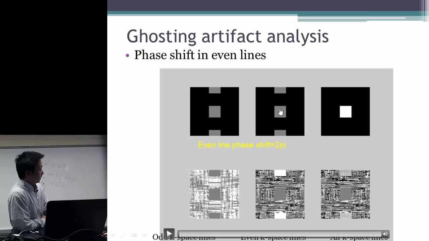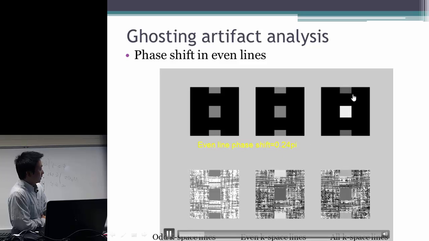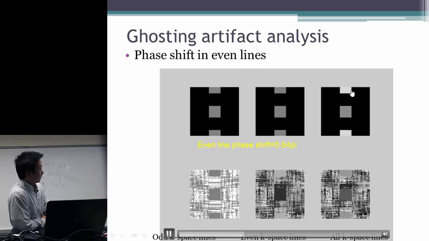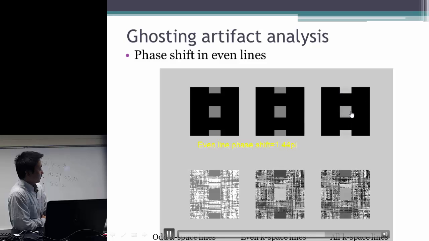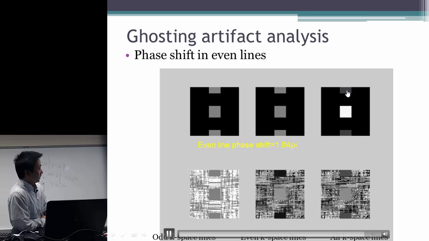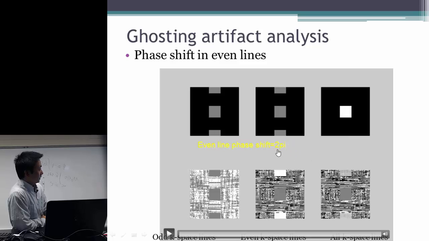All right, one more again. So this time we first look at the magnitude image. Now this comes around, this disappears, this comes back, and this disappears. So the phase shift is from 0 to 2 pi, right?